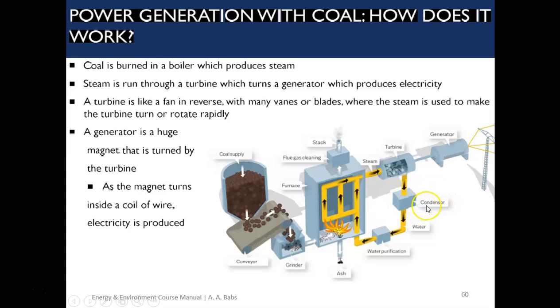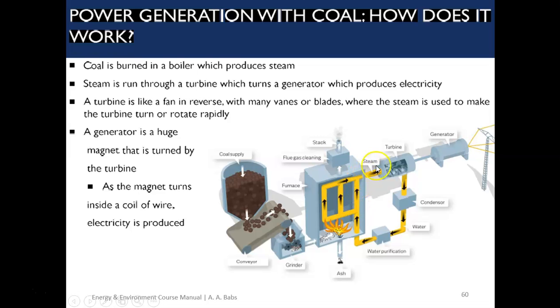What the condenser does is it condenses the steam into water, and then the water is purified, and after the water is purified, it is passed back to the furnace. It is passed back to the boiler where it comes in contact with the heat generated by burning coal again, and then it is converted back to steam, and then it completes that cycle, and the cycle keeps going on.